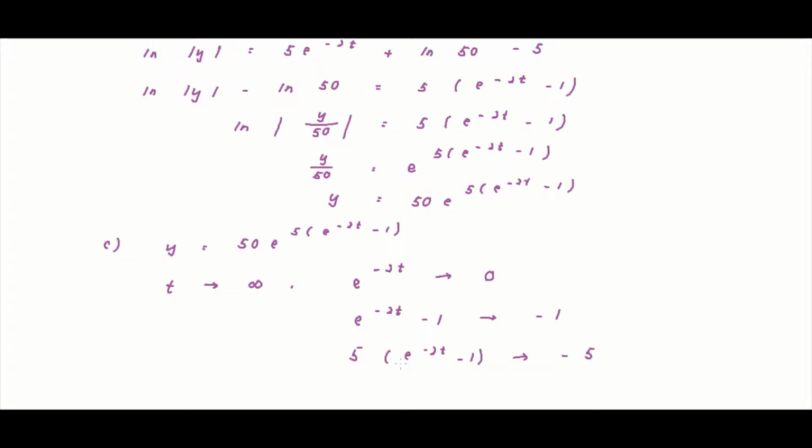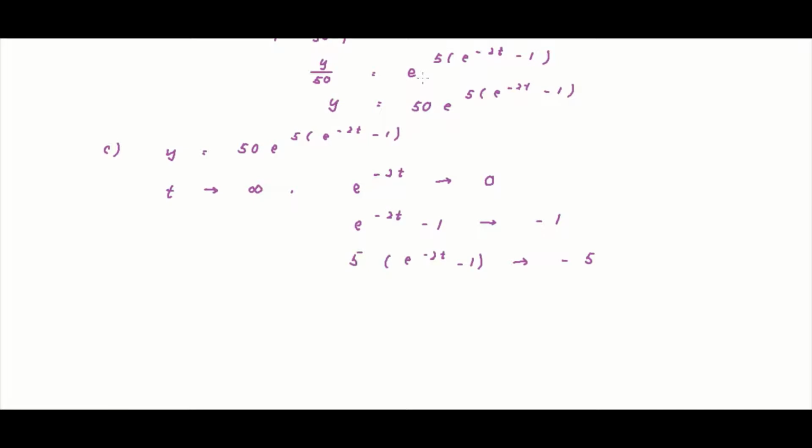Now we need to put everything in terms of exponential. The 5e negative 2t minus 1 will be approaching negative 5. You can imagine the whole index here is approaching negative 5, so that's why 50e negative 5.